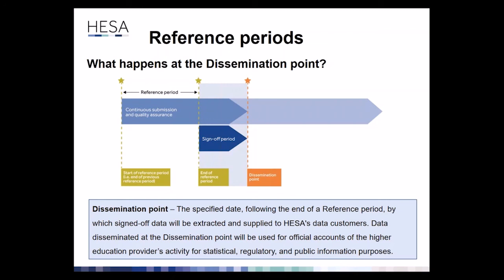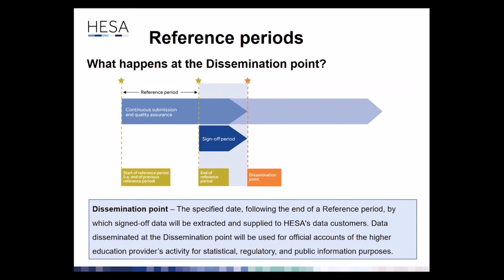Now at the moment we haven't published those dates because we need to check through alpha and beta exactly what kind of length of time is reasonable. We've got some assumptions which I'll come on to, but we want to make sure that we get that dissemination point right and that it's well understood, and we're just not quite ready to publish those at this stage.